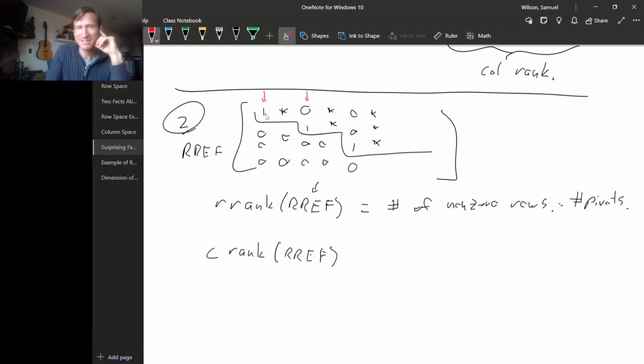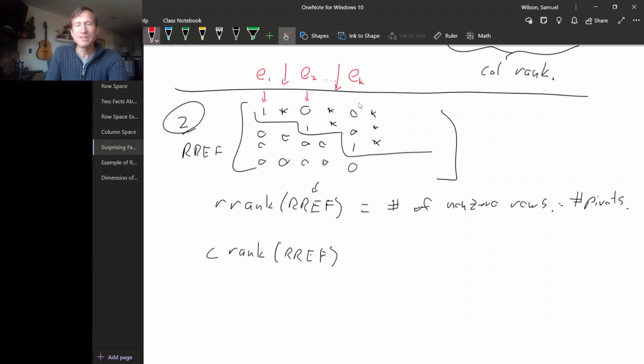The first column with a pivot is actually E1. The second column with a pivot is actually E2, and so on down to some E, I'm going to call it EK. Notice also that the other columns can only have non-zero entries in places where we had pivots. That's part of how reduced row echelon form works.